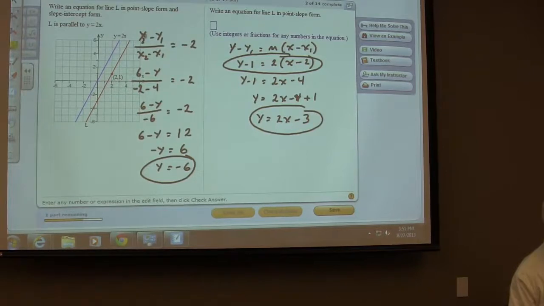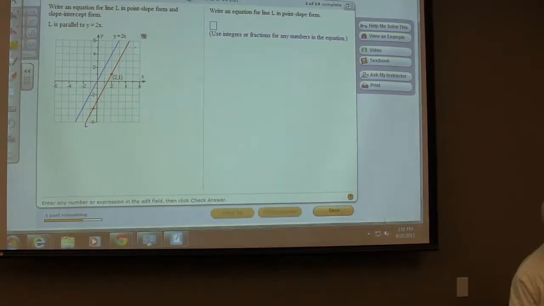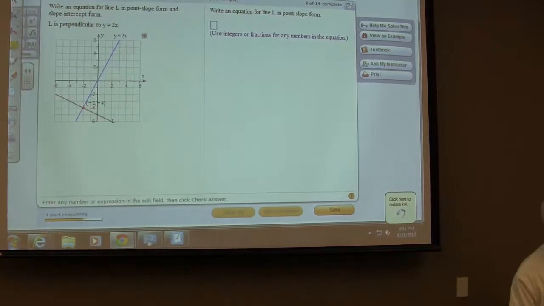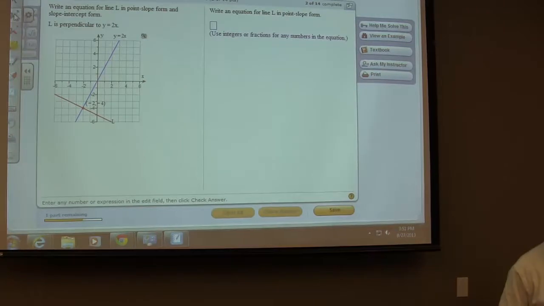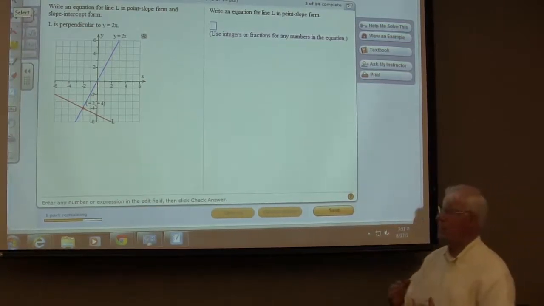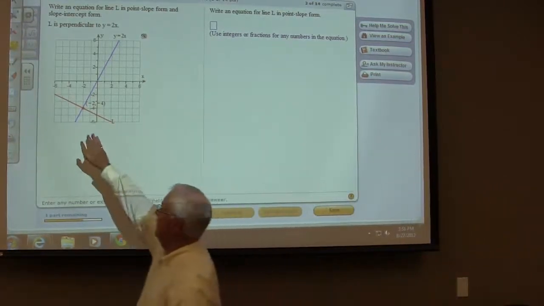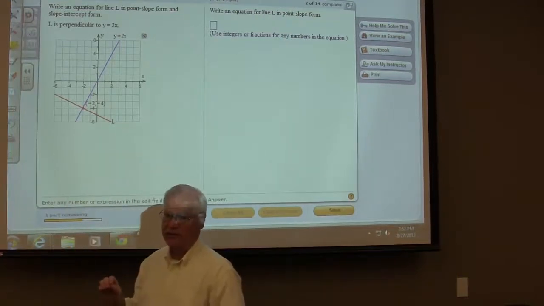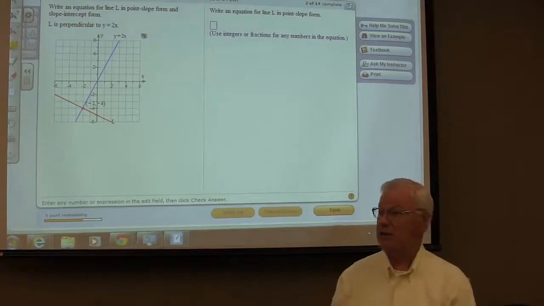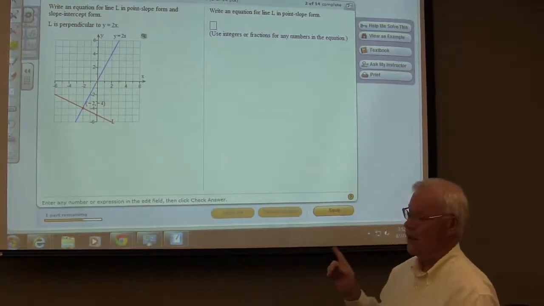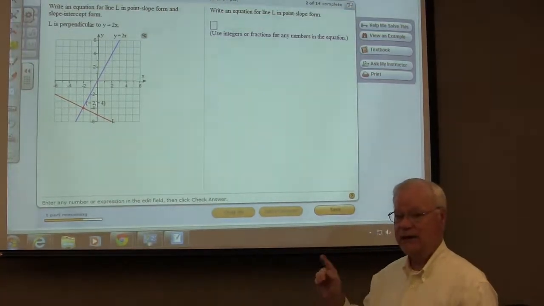Let's take a look at a different form. What if the lines are perpendicular? That means that they are crossing at 90 degrees, as we see here. The way that you find the slope of your line when you know the slope of the line that's perpendicular is your line is going to be the negative reciprocal.